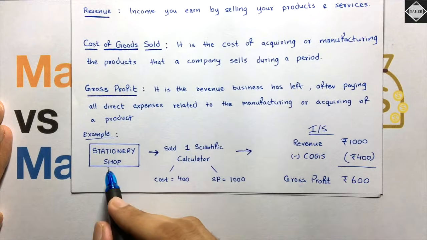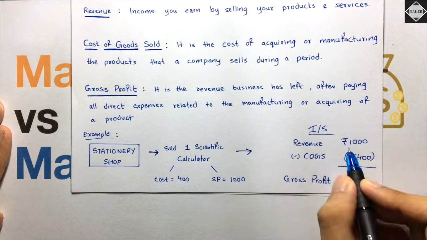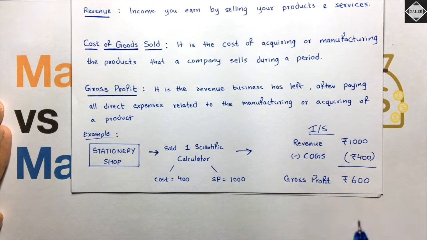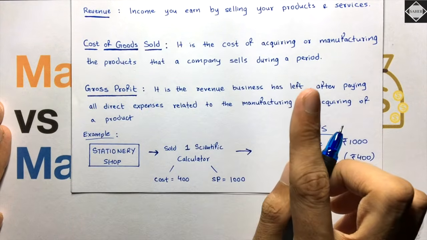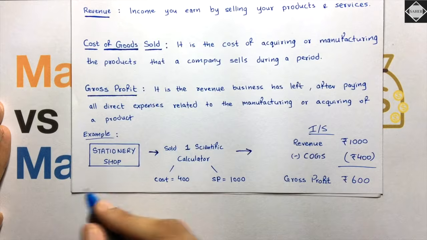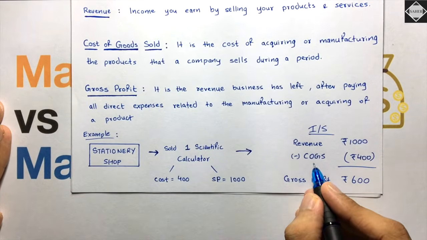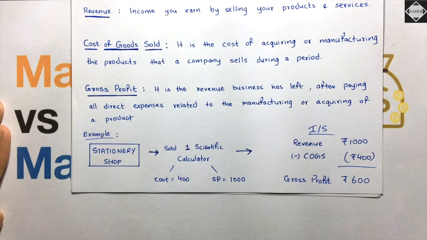So how much has this stationery shop earned by selling this one calculator? 1 into 1000, that's 1000, right? And then what is COGS? Cost of goods sold is 400 into 1 because it has sold only one scientific calculator. But let's just say in their shop they have 100 calculators in stock. That will not be a part of cost of goods sold. So 1000 minus 400, gross profit is 600.